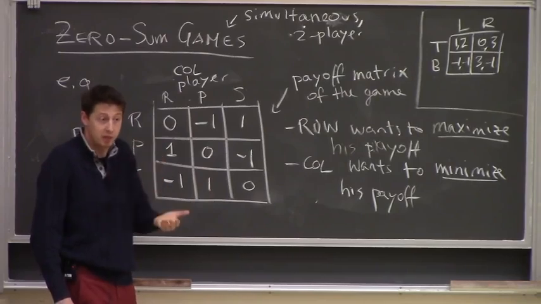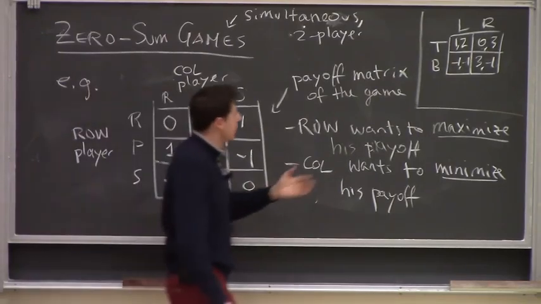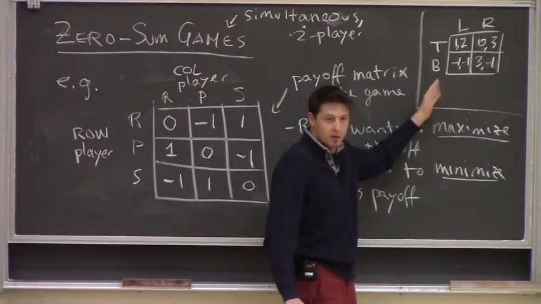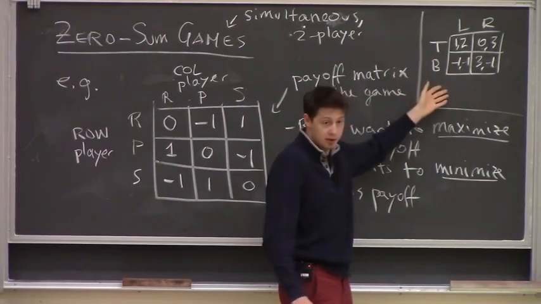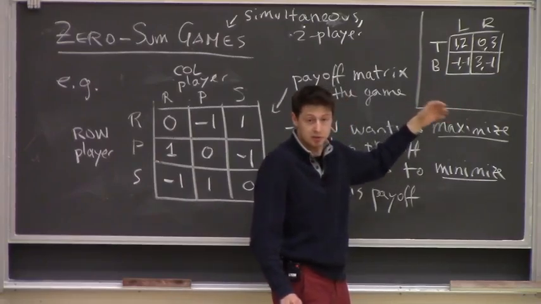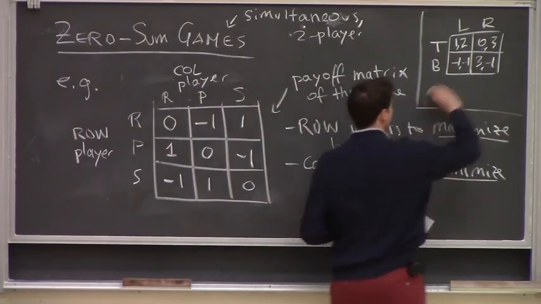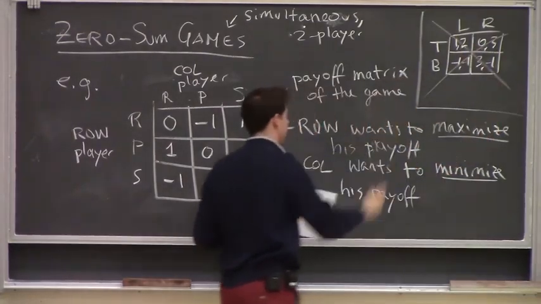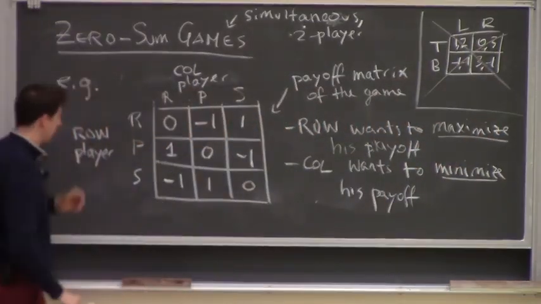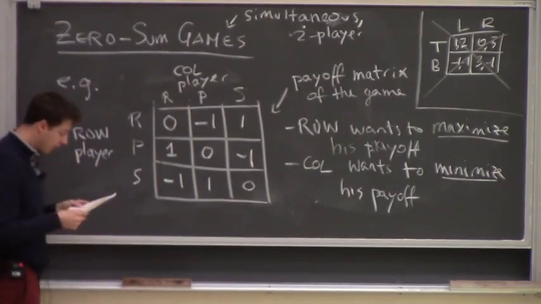And if you sum them together, you get 0. In general, it need not be the case, though, and these are also very natural games, where you keep track of the utilities separately, okay? This is a non-zero-sum game. But this is not what we study today. It was just to contextualize zero-sum. Okay.